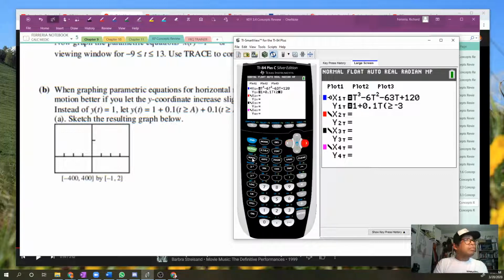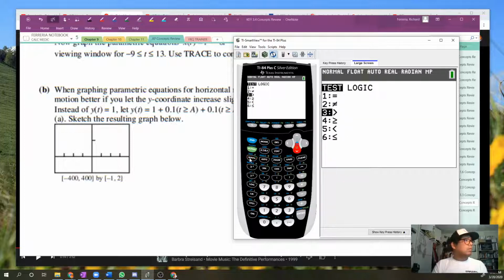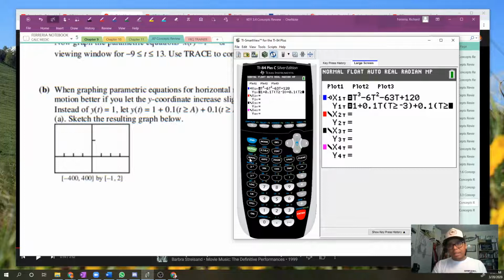And I think I forgot to put a t here. t greater than -3, plus 0.1 for t greater than or equal to, and I can't read this, t is greater than or equal to, and then that second place where the function turns around, which is 7.